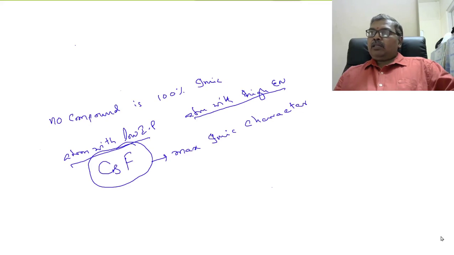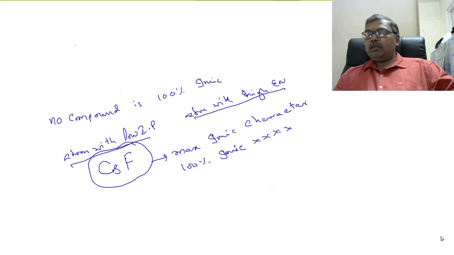But even cesium fluoride is not a 100% ionic compound, not a 100% ionic bond. Then what about the remaining ionic compounds like sodium fluoride, magnesium fluoride, potassium bromide?